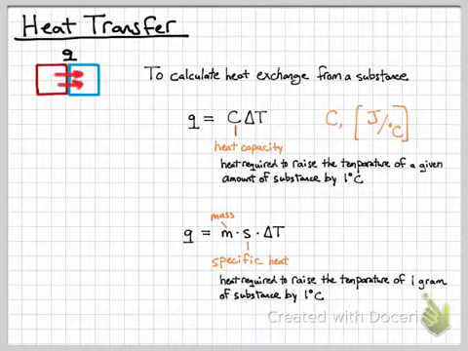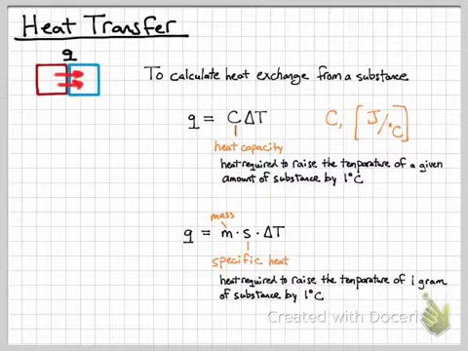So in other words, specific heat is going to be independent of the mass of the amount of the substance given. So specific heat for copper is the same whether you have 1 gram of copper or 10 grams of copper. In this way, it is an intensive property of that particular substance.